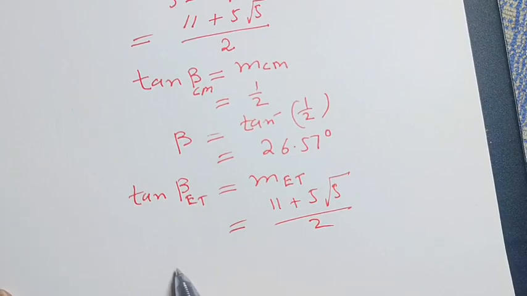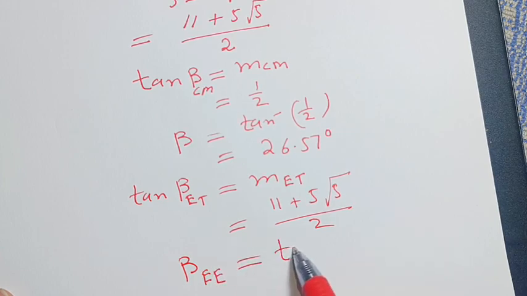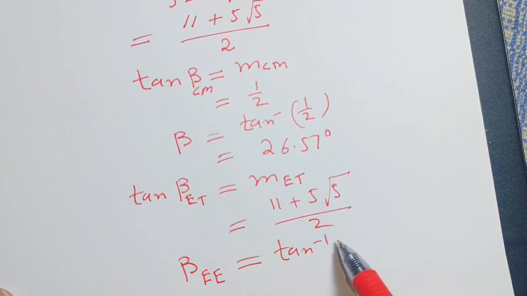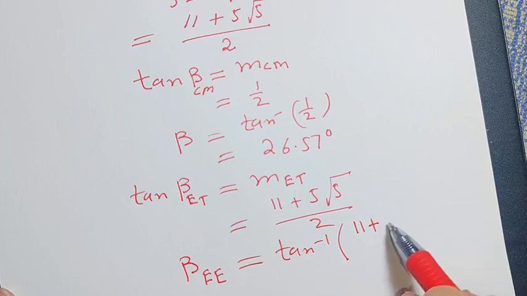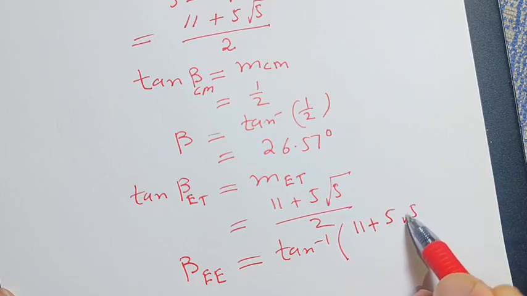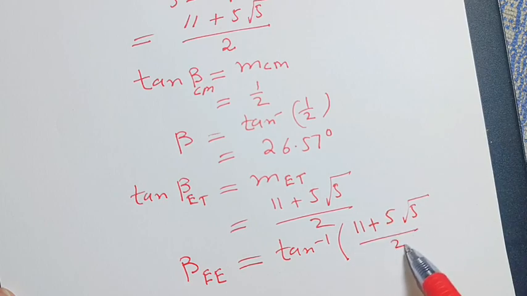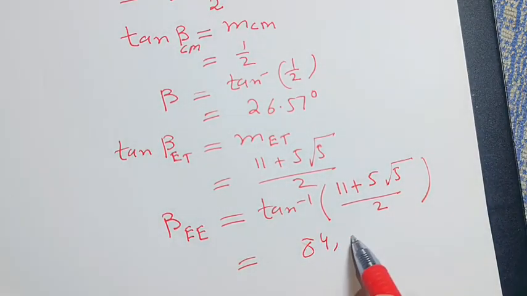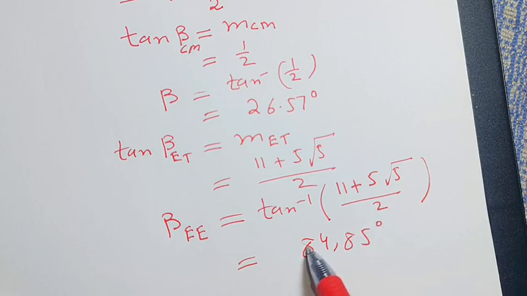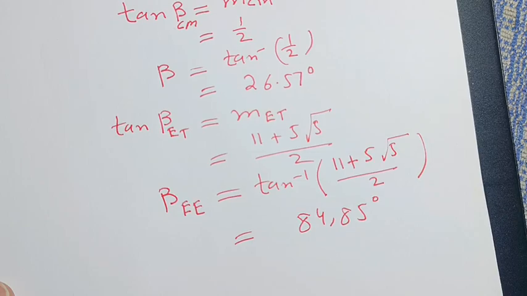So I'm going to find the angle. It's going to be tan inverse of 11 plus 5 multiply 5 root over 2. Use my calculator. So the answer is 84.85 degrees. This is my answer.